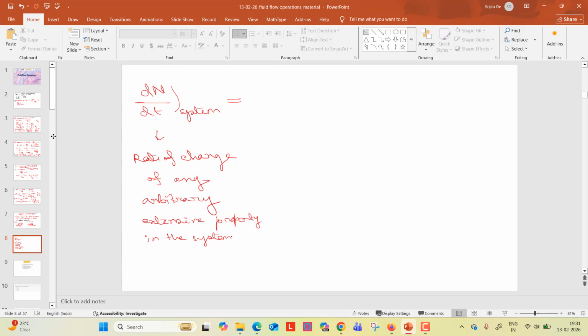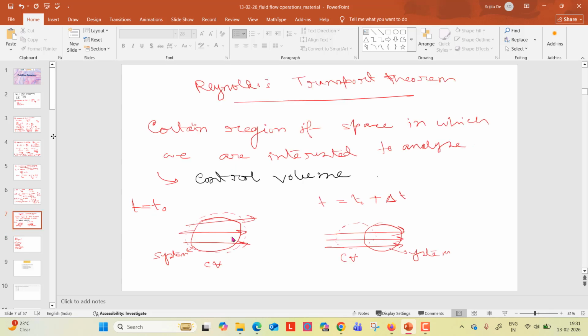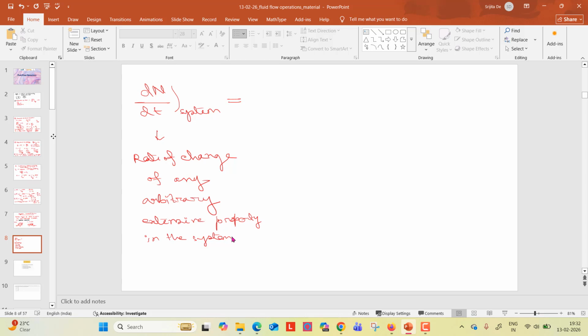Suppose flow is happening through this and the system is changing. What is changing? We are thinking mass is changing, linear momentum is changing, and energy is also changing. So how will you define that? What points are there to consider? So d/dt is the rate of change of any arbitrary extensive property in the system, okay.